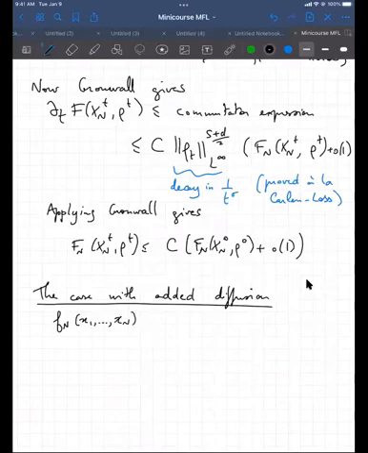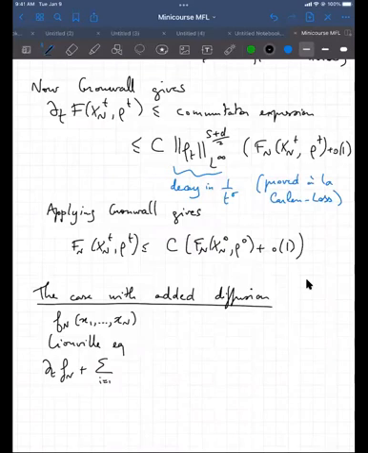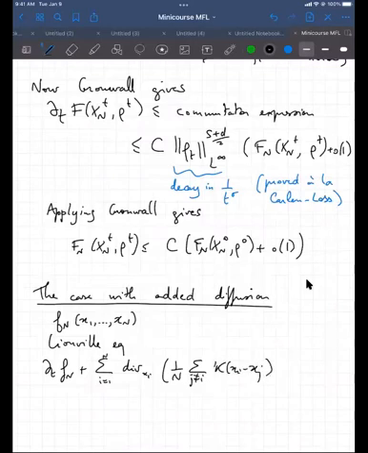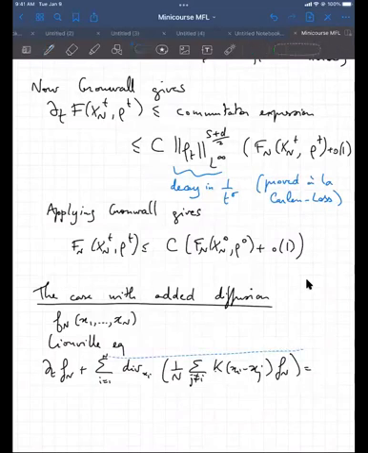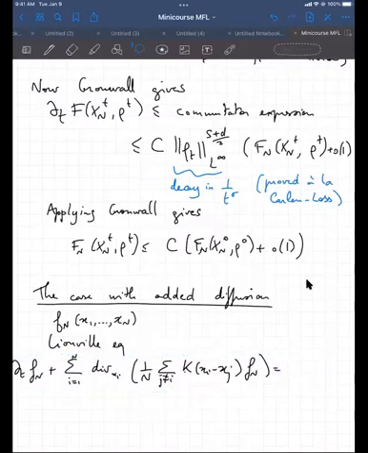law on configuration space, Fn of x1, ..., xn, which solves the Liouville equation: dt Fn plus the sum over i of divergence with respect to variable xi, and here you have the interaction, Fn, equals one over beta.